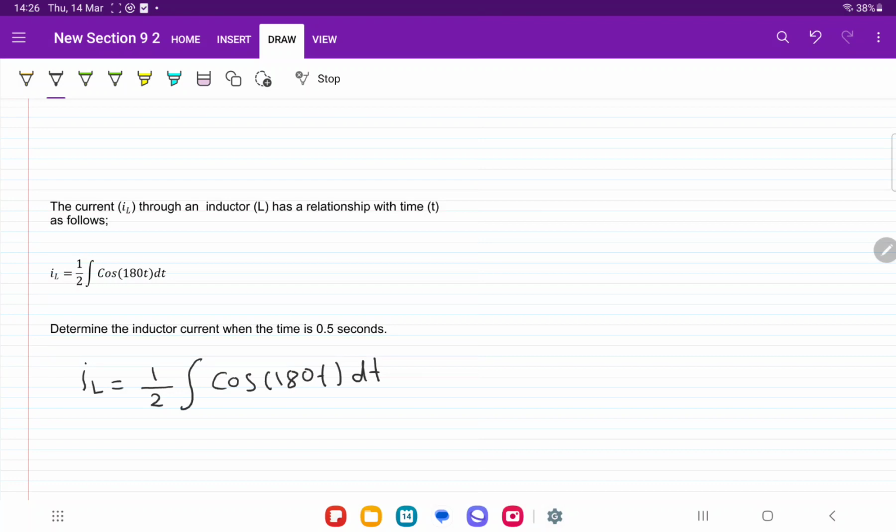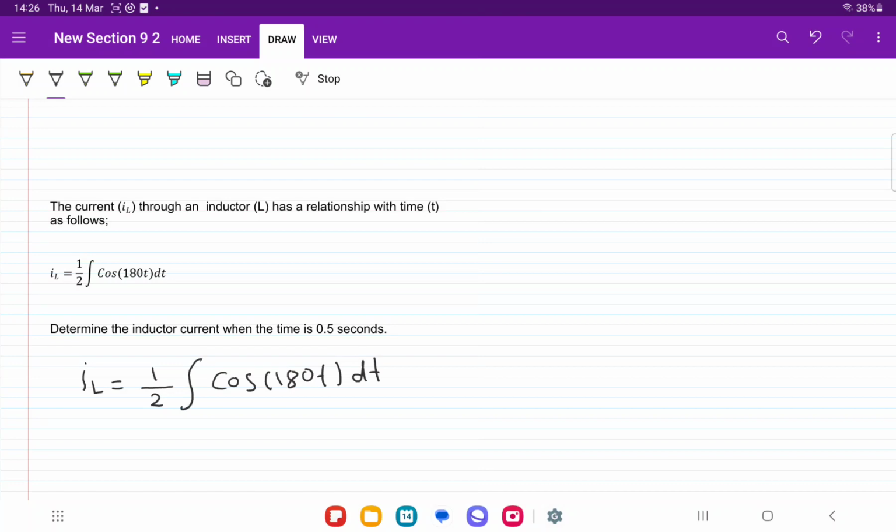The question is: find the inductor current when the time is 0.5 second. So basically it's asking us to integrate this function when time is 0.5 seconds.